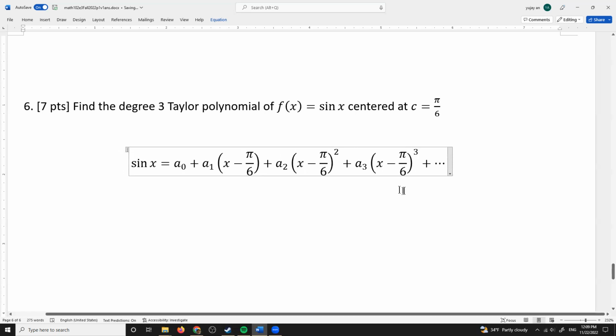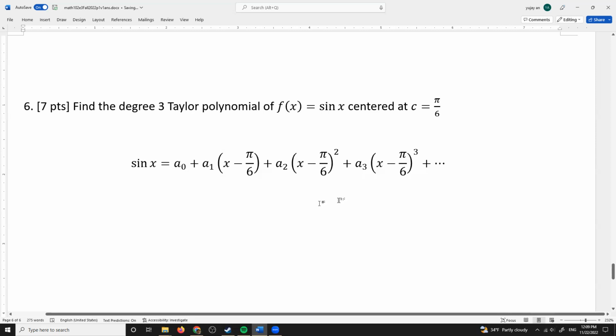By Taylor polynomial, it means that you first think about the Taylor series of sine x, expanded with center at pi over 6, but then you truncate it at the third degree. That's what it means. So you have this, and now you start plugging in values to find the values of a0, a1, a2, a3.